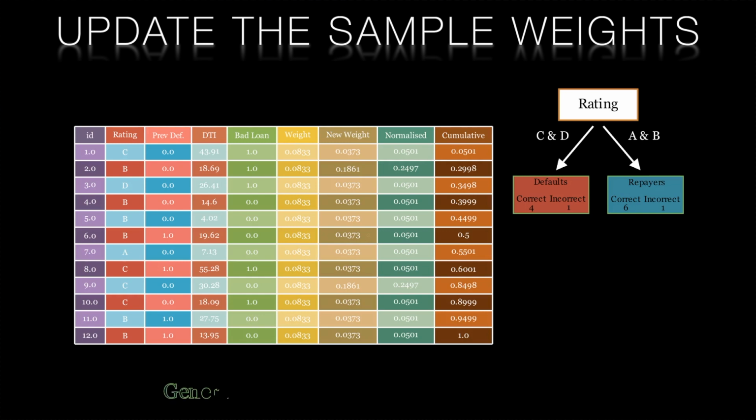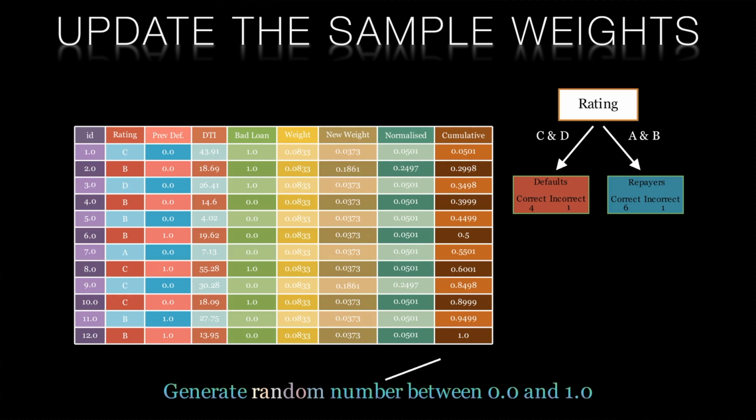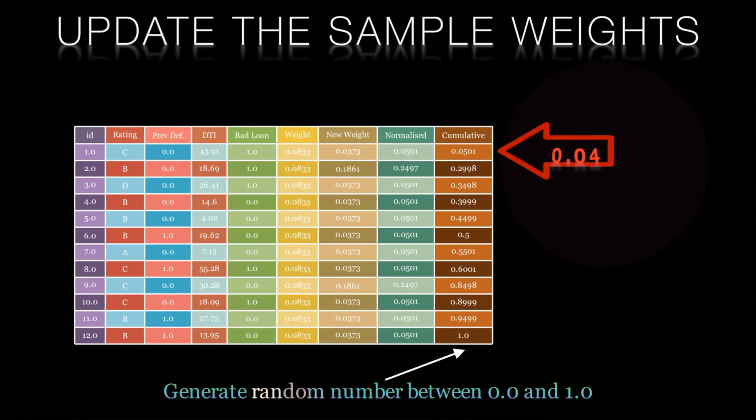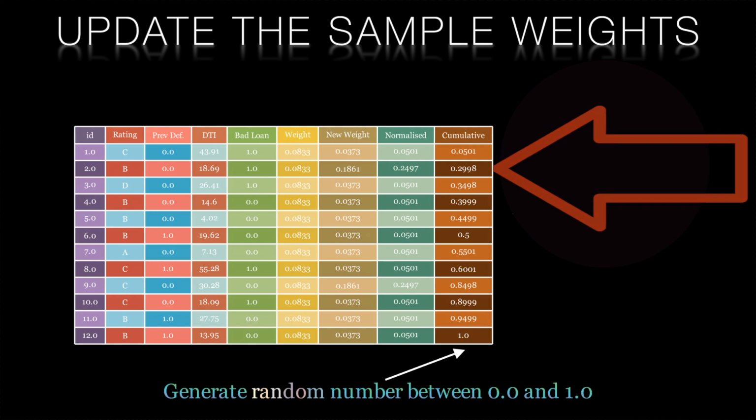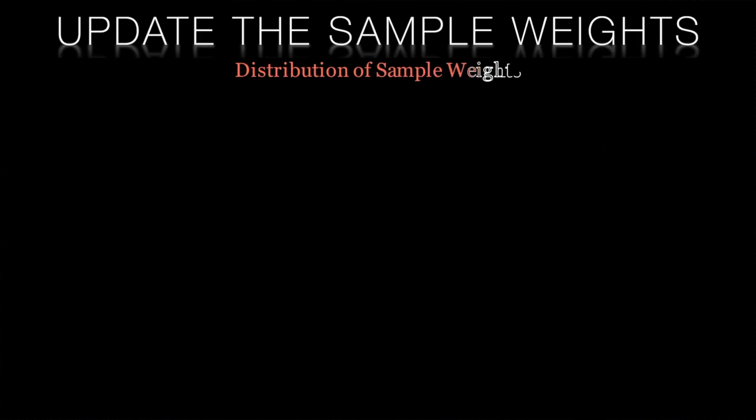We can pick a random number between 0 and 1 and choose the record that corresponds to that number in our cumulative distribution. For instance, if our random number was 0.04, we would choose record 1. If the random number was anywhere between 0.0501 and 0.2998, we would choose record 2.